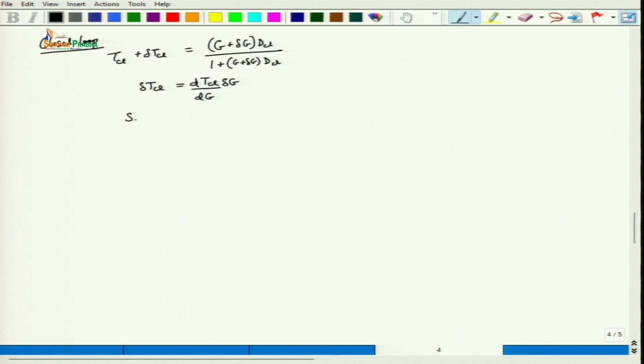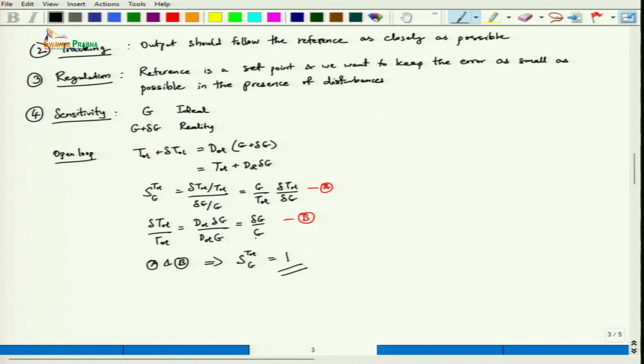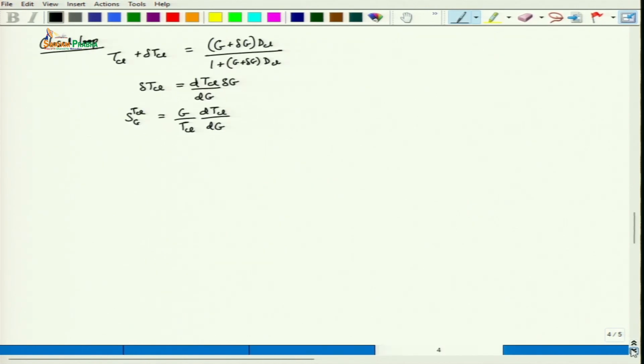So if we do the math, what you will see is the sensitivity of the closed loop transfer function with respect to G will be, based on our analysis here, 1 by 1 plus G DCL.